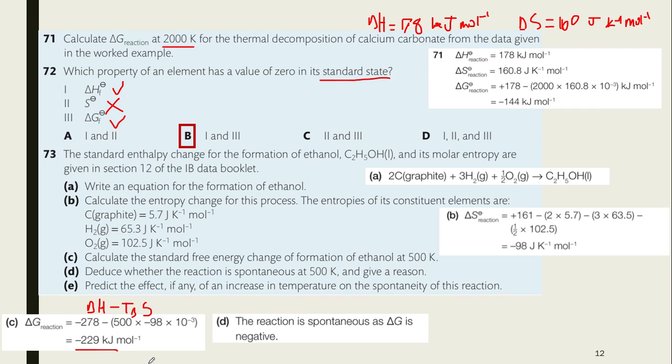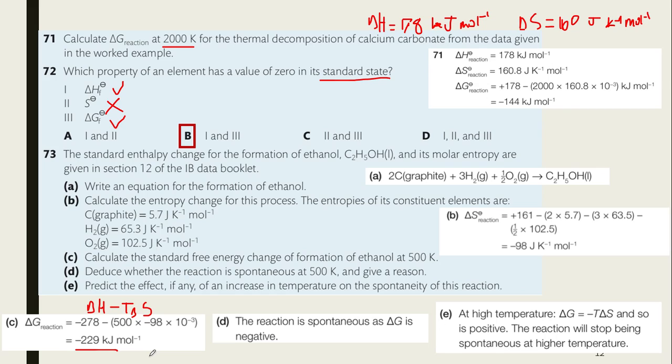So delta G is approximately equal to negative T delta S. We know that delta S is negative. So negative delta S times the temperature times the negative at the beginning gives a positive number, and therefore the reaction will stop being spontaneous at higher temperatures.